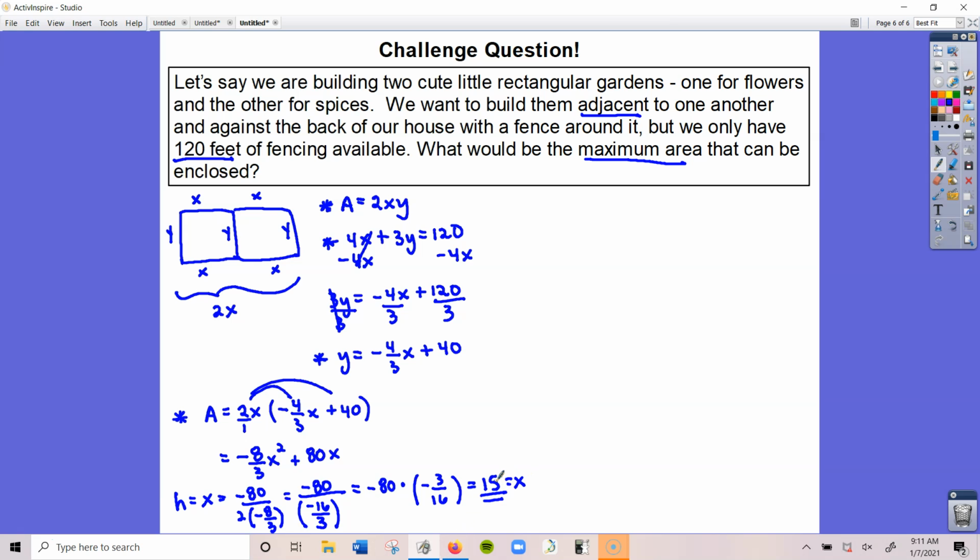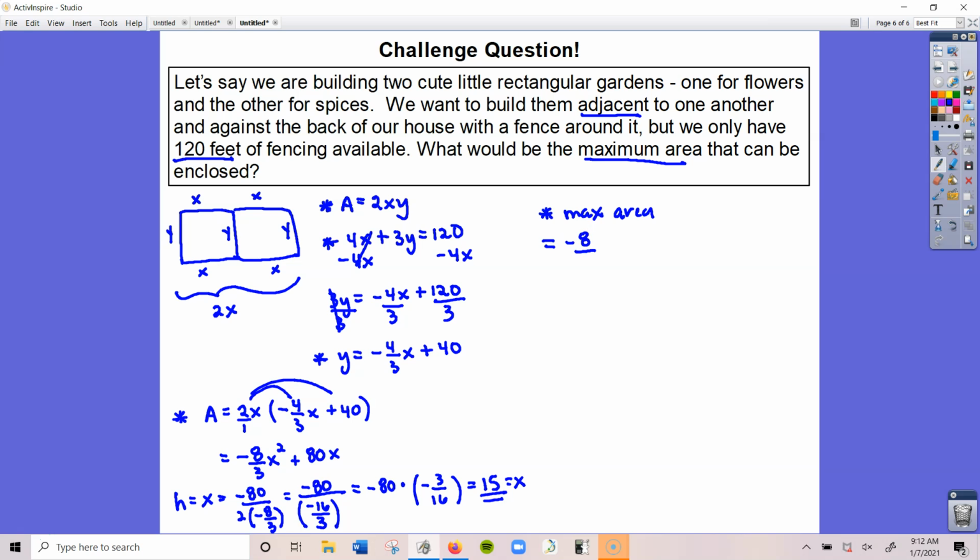And now I take this and plug it back into my equation here to get my maximum area. Here I don't need the dimensions. The question is not asking for it. It's just asking for the maximum area. So I can just take that x is equal to 15 and plug it into this equation that I have for area.